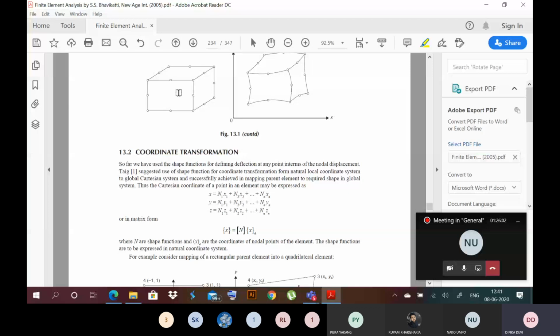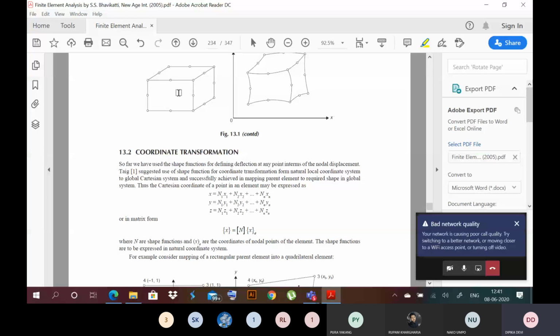If we use the same number of shape functions used to model the displacement, then it will be called isoparametric concept. If we use a smaller number of shape functions to get the coordinates as compared to displacement, then it will be called subparametric concept.